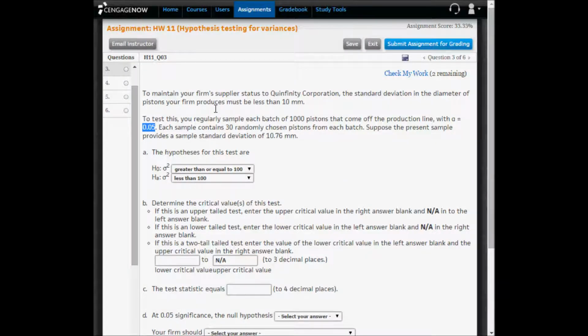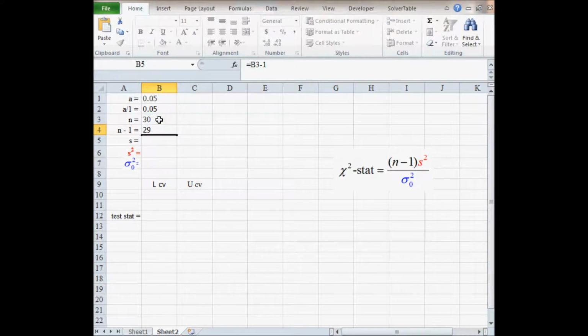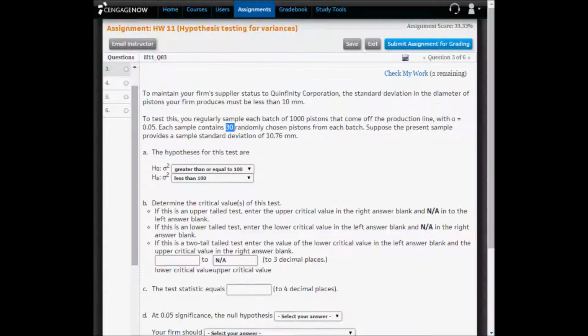The sample size, each sample contains 30 randomly chosen pistons. So the degrees of freedom is 29. The sample variance, the sample standard deviation is 10.76.